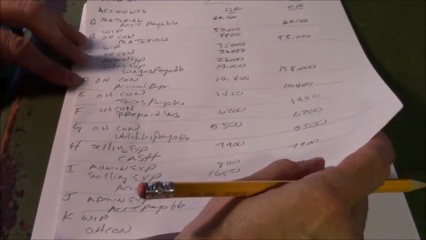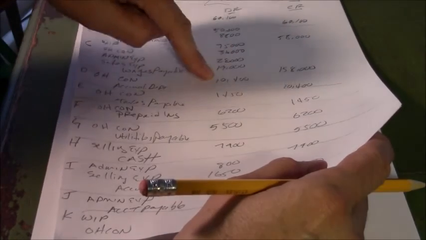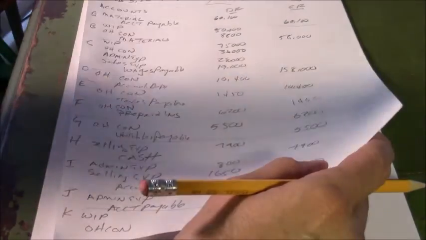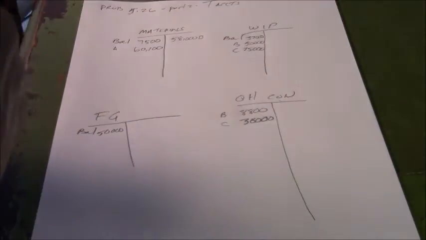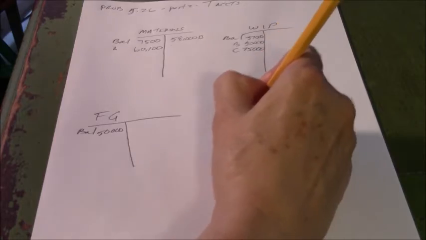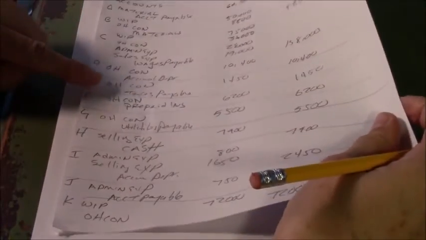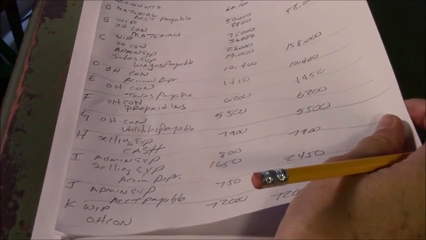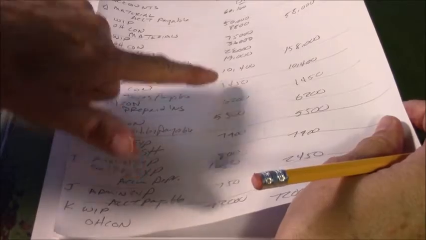Now the next transaction, D. All right, overhead, 10,004, but we're not worried about that depreciation, so we'll just debit overhead 10,004. Next transaction, again, we don't care about that little liability there, but we'll take that overhead control, debit 1,450.